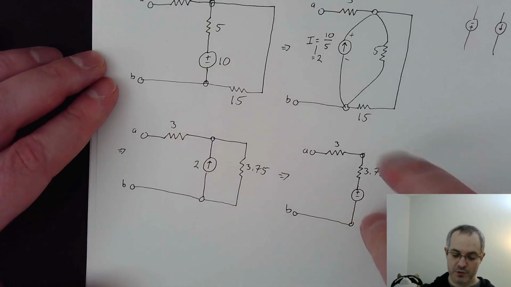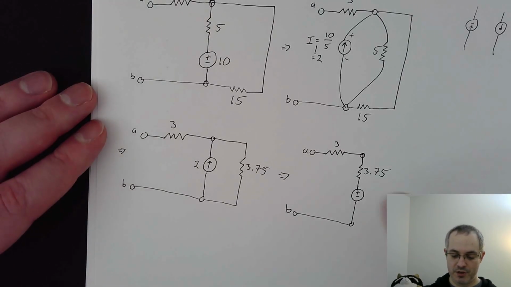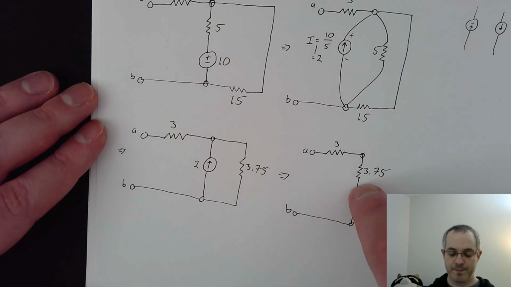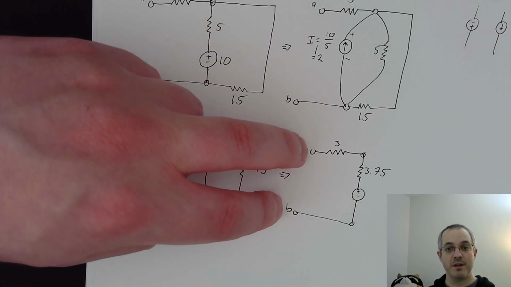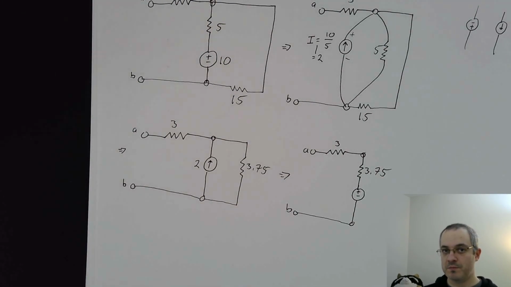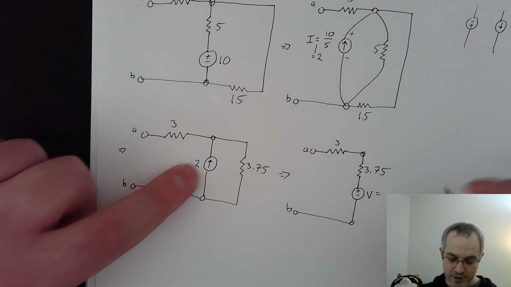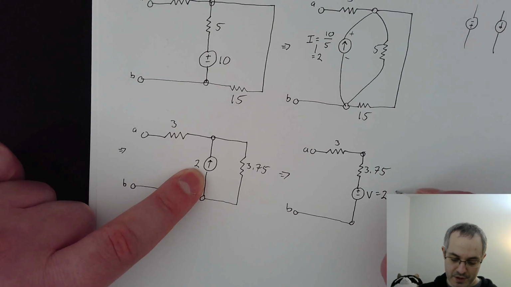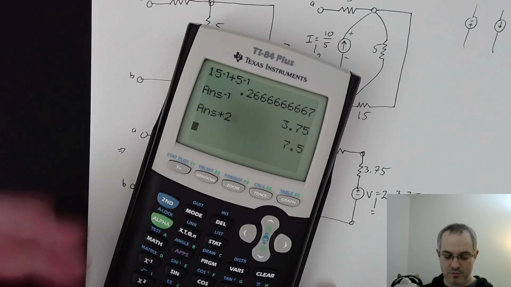If you switch the locations of this voltage and the resistor, you'll change the value of the voltage at the node between them. But it won't affect the current and the overall voltage between A and B, which is ultimately what we're concerned about when we're doing this kind of thing. The voltage here will just be the 2 times the 3.75, so 3.75 times 2, 7.5.